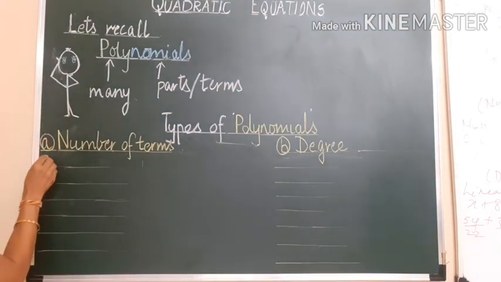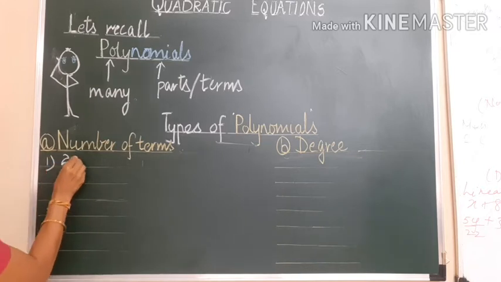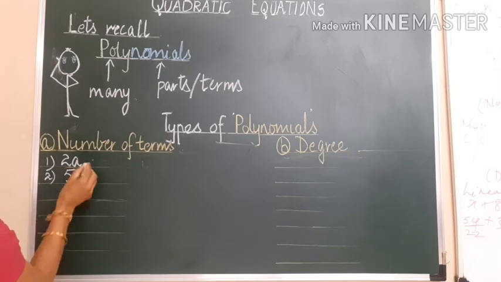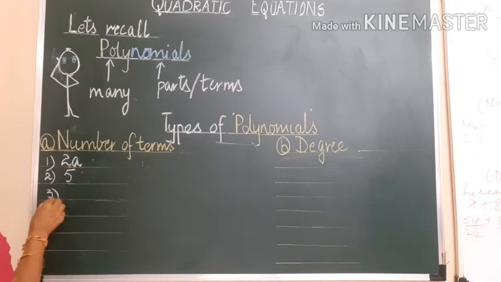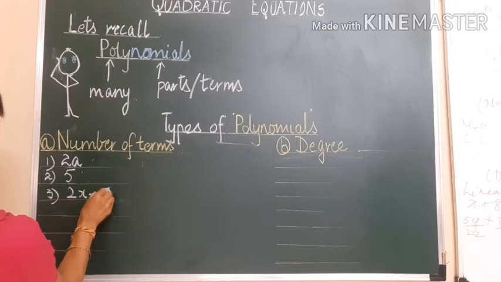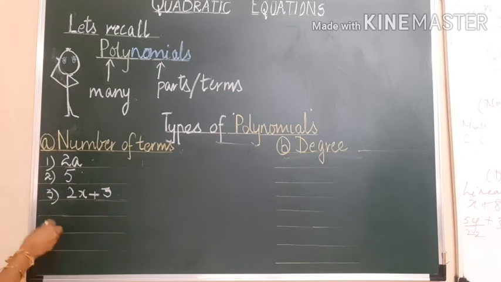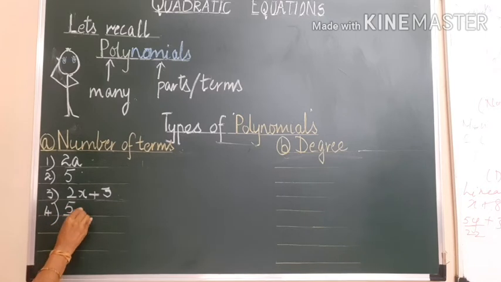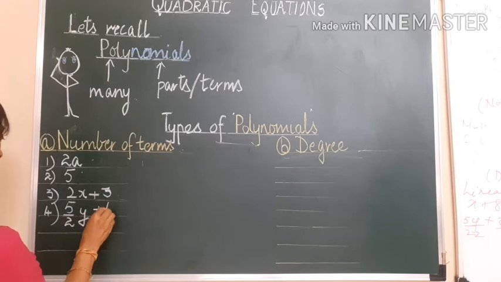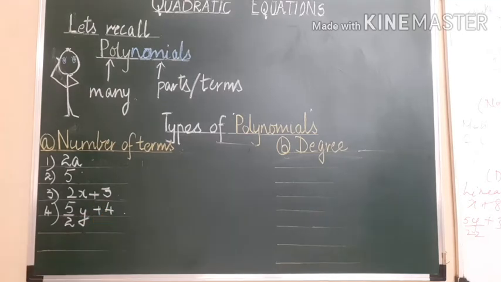First, 2a. Second, 5. Third, 2x plus 3. Fourth, 5y upon 2 plus 4.